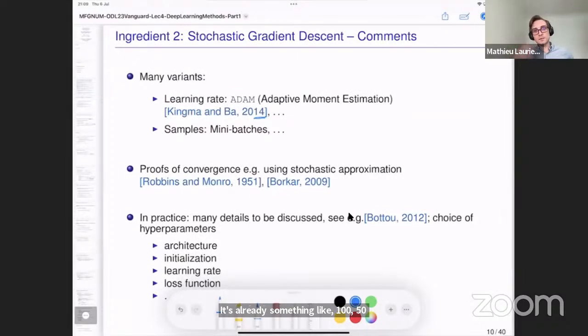So since 2014, there are around 150,000 papers using or citing this one. It gives you an idea of the growth of the literature, and of course, I'm not going to review this literature here.